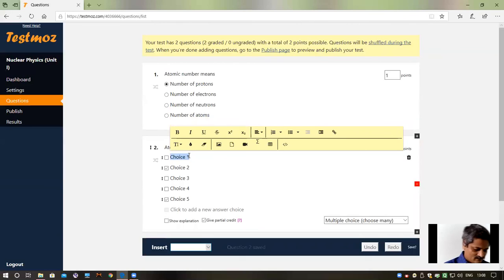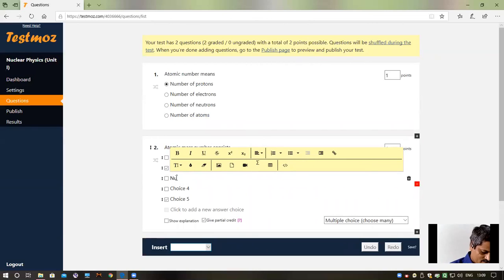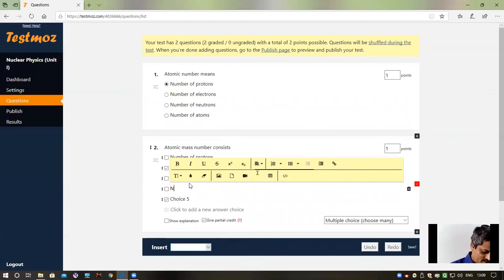First option is number of protons, second option number of electrons, number of neutrons, and number of atoms.